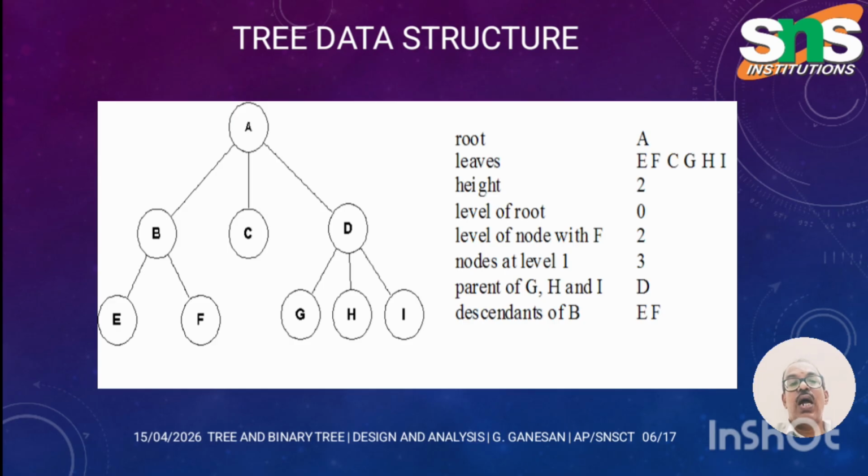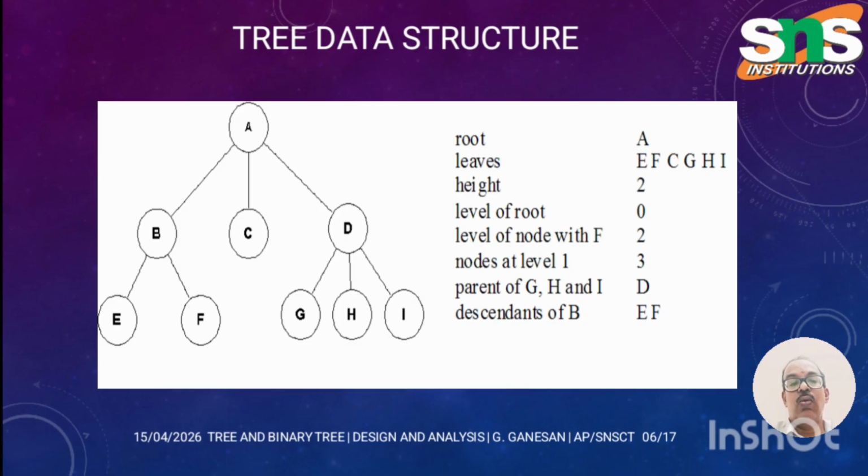Understand? So the height 2 means, the root node is called as 0 level. Then B, C, D, the level is equal to 1. And E, F, G, H, I are level 2. So levels are here 0, 1, 2. So level starts from 0 at the root. How many nodes are there in 0 level?